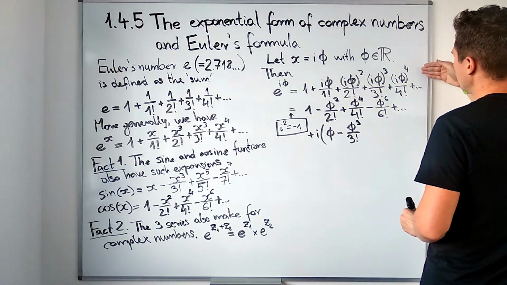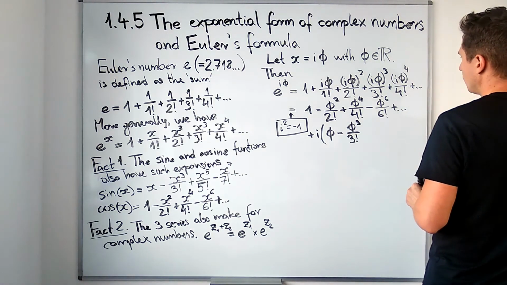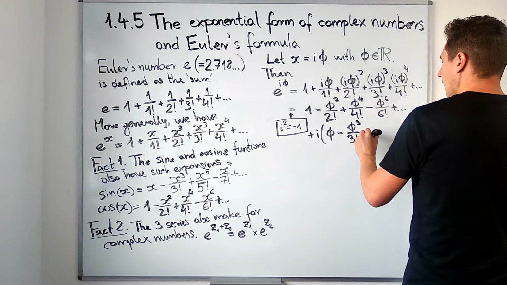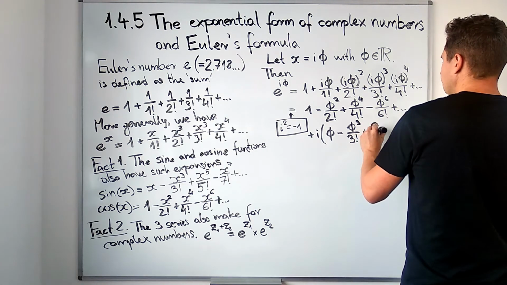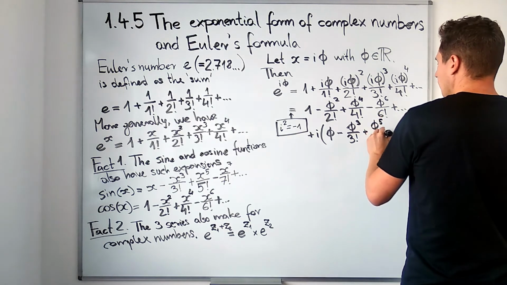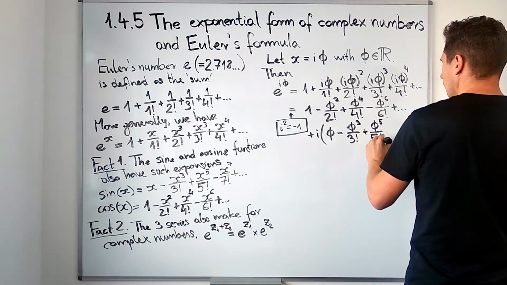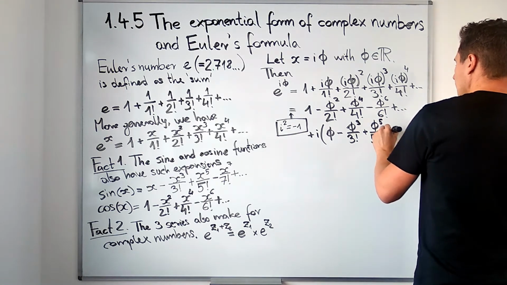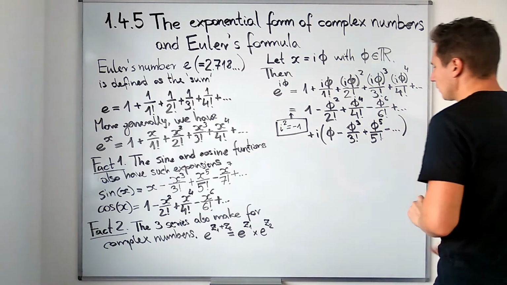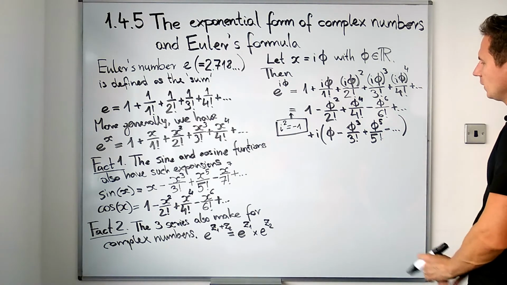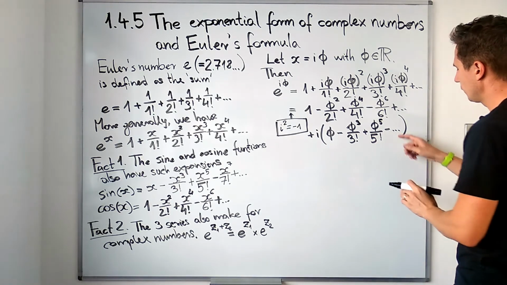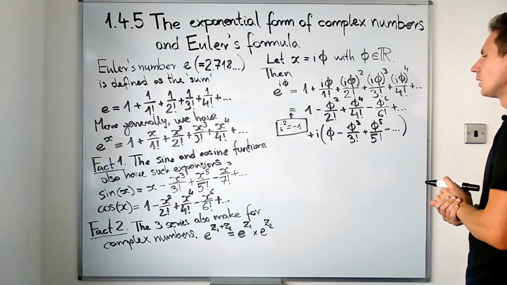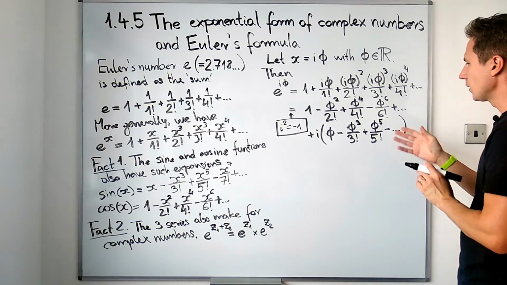Then for the term with the 5th power, we will have plus phi to the 5th power divided by 5 factorial, then minus, and so on. You can probably see the rest of the terms for yourself. Just convince yourself that this pattern is going to continue.